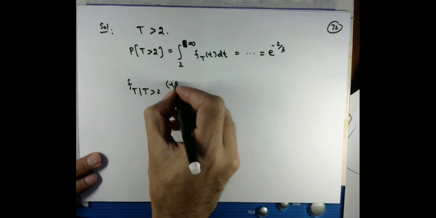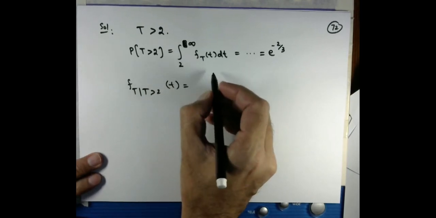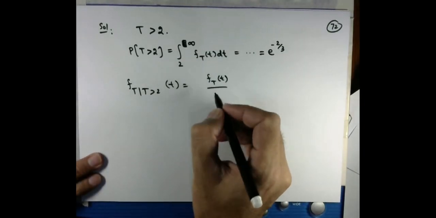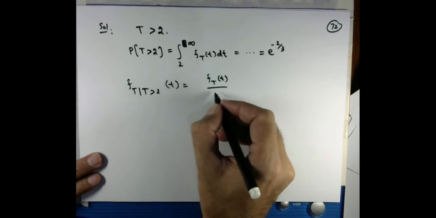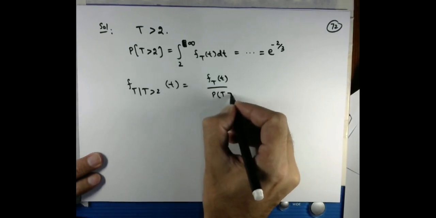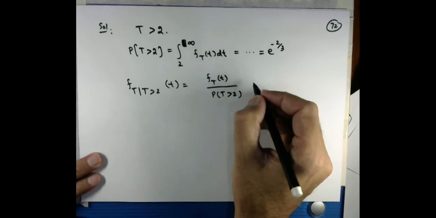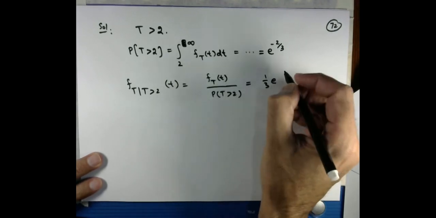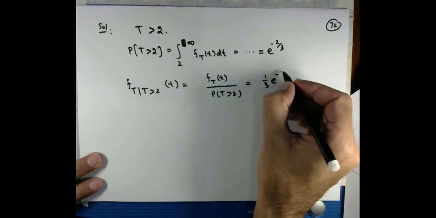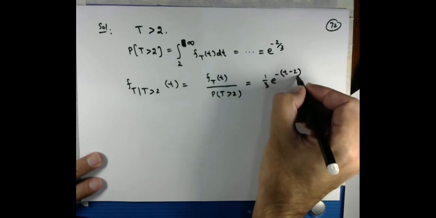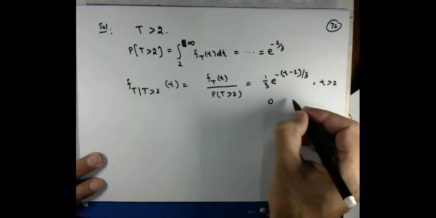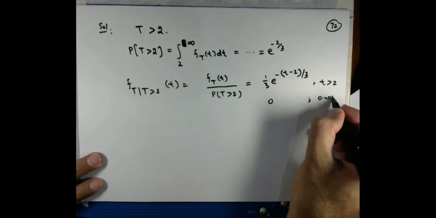By formula this becomes f sub t of t, the unconditional distribution, divided by the probability that t is greater than 2. And so this becomes 1 by 3 e raised to power minus (t minus 2) all divided by 3 for t greater than 2, and it is equal to 0 otherwise.